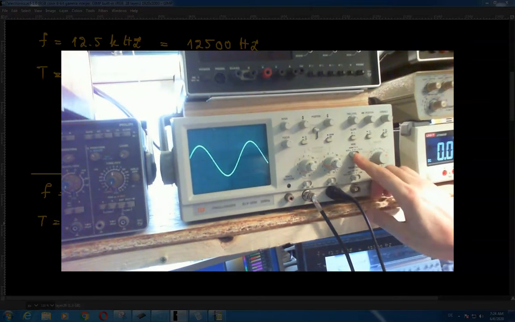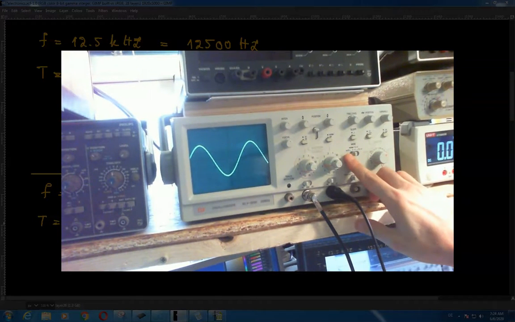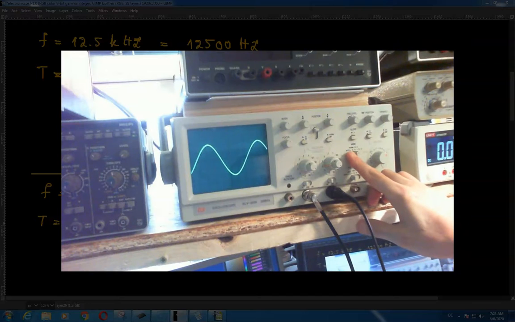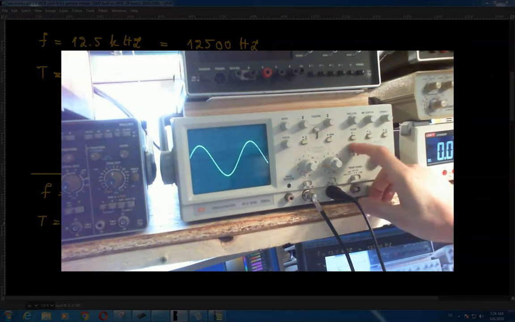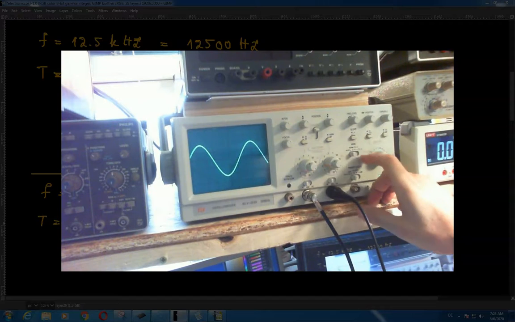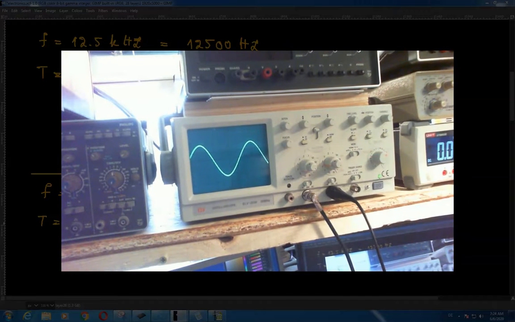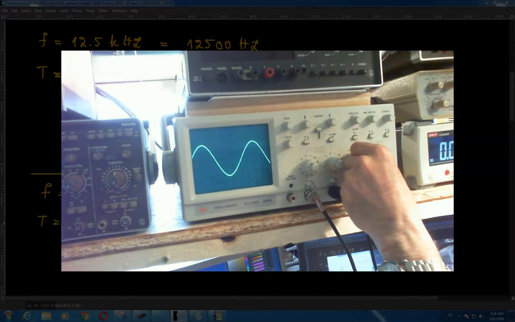And then the mode over here is auto, norm, TV vertical, TV horizontal. These things you need to really read the user's manual. I think you keep this either on auto or norm in order to use the oscilloscope.